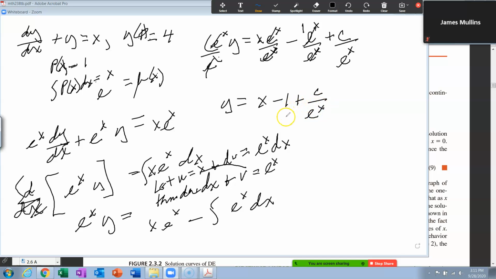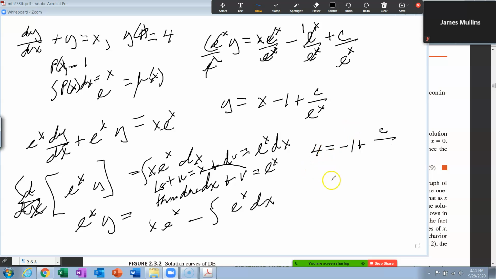Okay? Now, let's do our initial condition. When x equals 0, y is equal to 4. So that would be 4 is equal to 0 minus 1 plus c over e to the 0. When x is equal to 0, e to the 0 is 1.